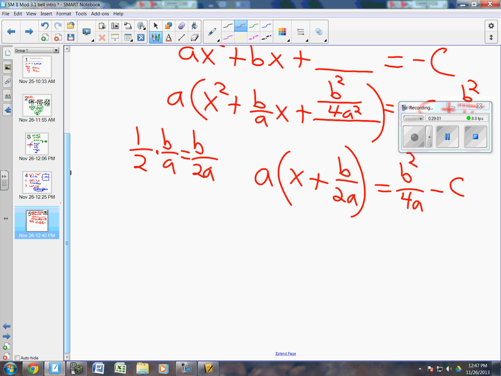So I got to times the top by 4a and the bottom by 4a, because 4a divided by 4a is 1. So I'm just multiplying it by a 1. So now I have a. Oh, and by the way, I forgot the squared right there. Because when I factored this, it came out with two factors of x plus b over 2a times x plus b over 2a, and so it's squared. So a times x plus b over 2a squared.